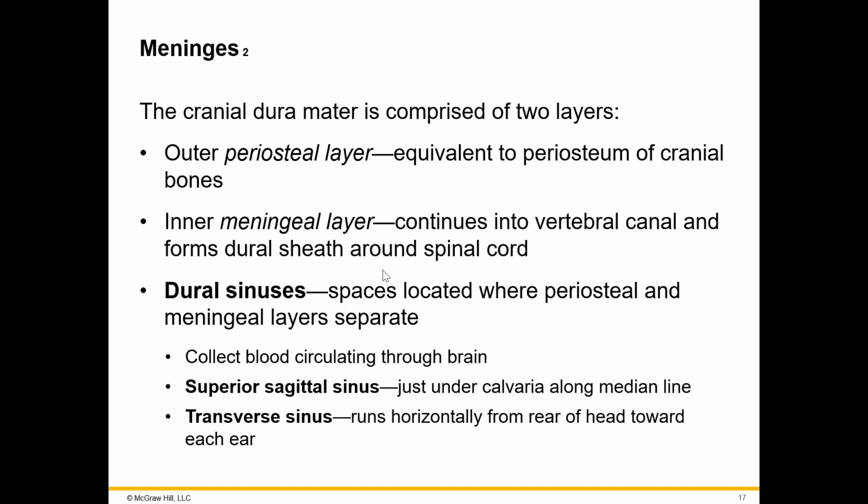The dural sinuses are spaces located where the periosteal and meningeal layers separate. So they collect the blood circulating through the brain, and there is a superior sagittal sinus just under the calvaria along the median line, and there is a transverse sinus that runs horizontally from the rear of the head towards each ear.